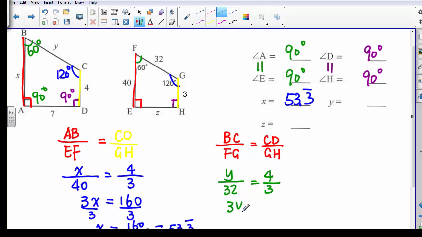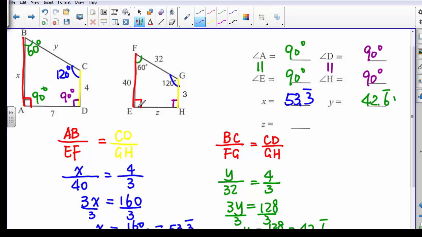Cross multiply. 3 times y equals 4 times 32. This one is 128. Divide both sides by 3. So the y value is 128 over 3. Or you can change this one to a decimal. The decimal is 42.6666 forever. So side y is 42.6666 units long.